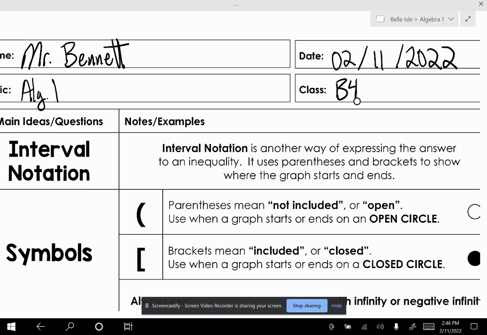Set notation, inequality notation, and interval notation. You already know how to do inequality notation. You're going to be doing it on every problem right here. And that's just you writing your answer as x is greater than 2. That's inequality notation. Set notation is something we don't need to talk about. And then interval notation is what I'm going to show you today.